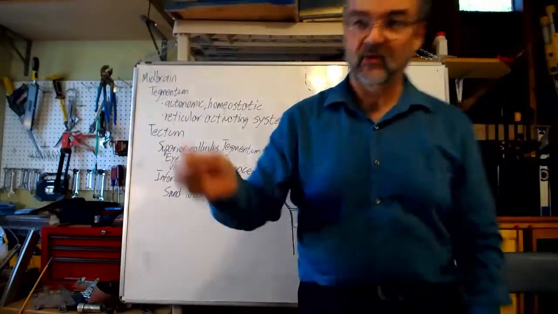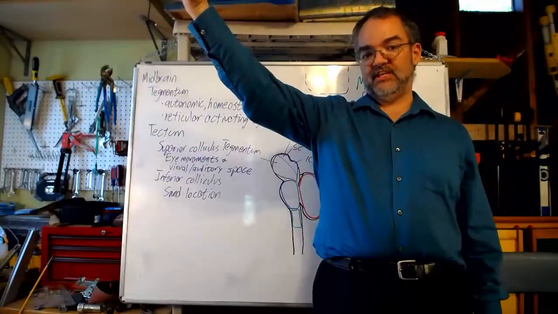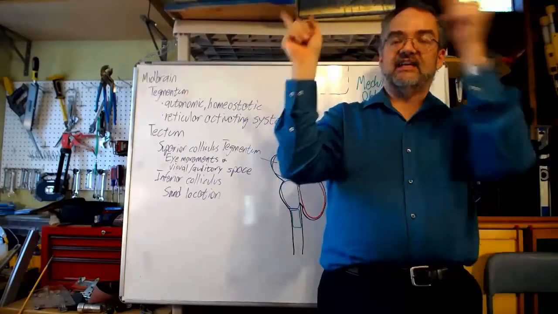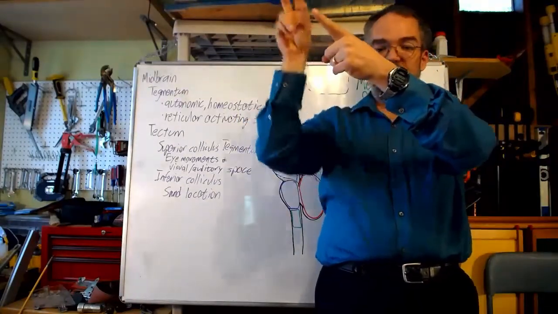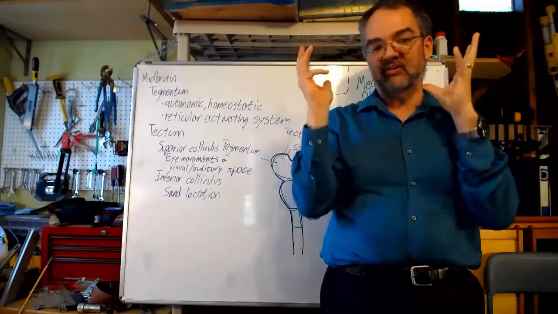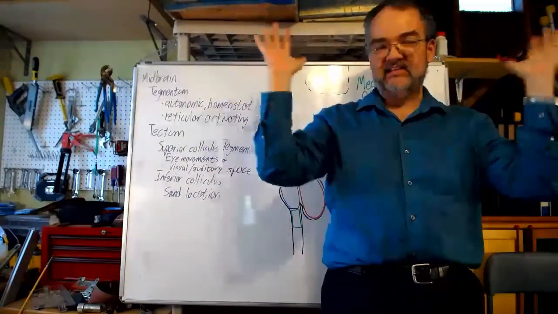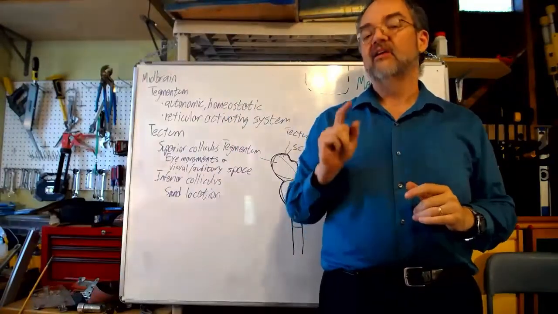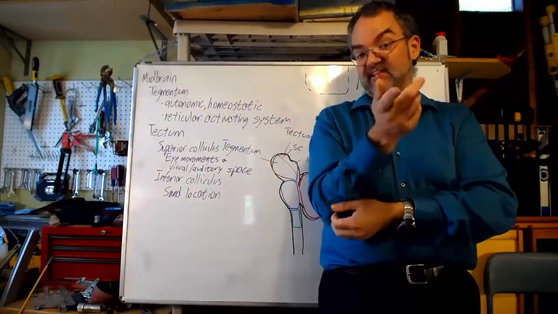For example, if there's a bird out here and it goes cheep, cheep, my sound processing at the inferior colliculus says, where's that sound coming from? My visual system says, there's a bird there, and the superior seems to put those together and say, okay, visual space, auditory space, they're all together, they're all calibrated. Which means you can do some interesting things with this.